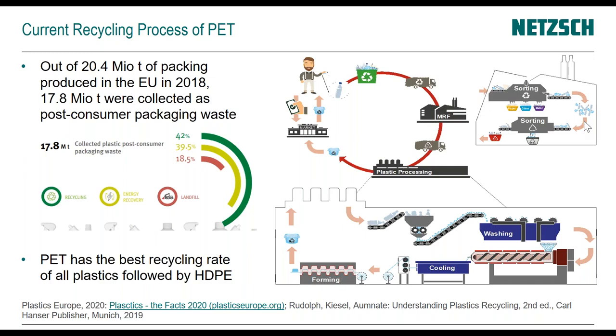As I said, mostly PET is sorted out, and then that is brought to plastics processing facility. Sometimes the first part is already done in a recycling facility. Sometimes it's done at the producers, where the original products are shredded, washed, cleaned, and fed back into the manufacturing process, and a product is produced out of it. Here we show a yogurt cup.